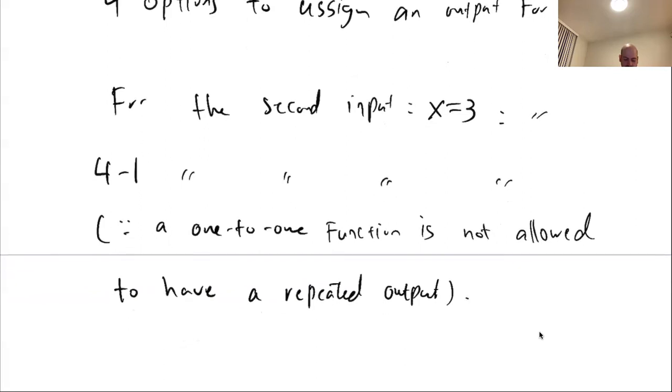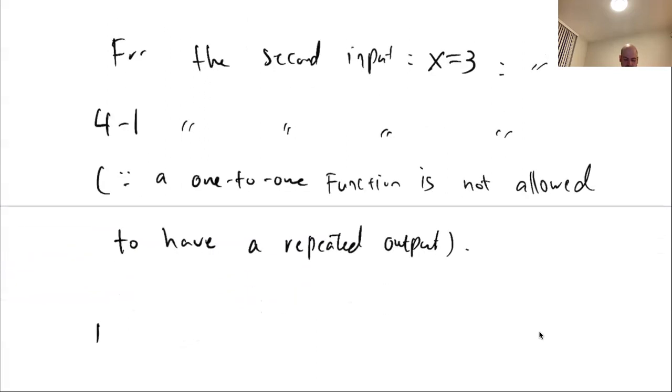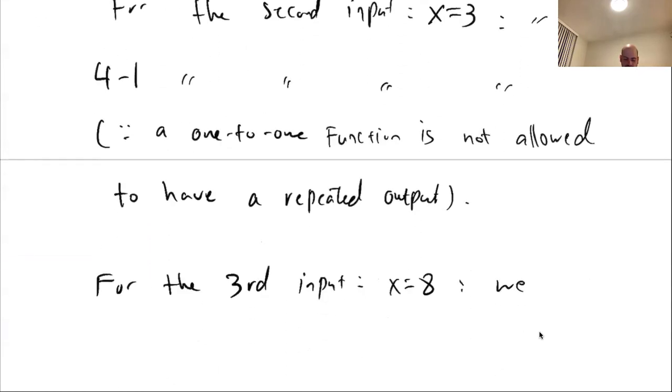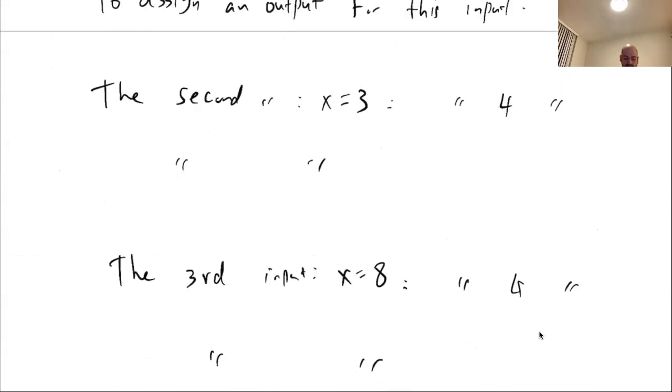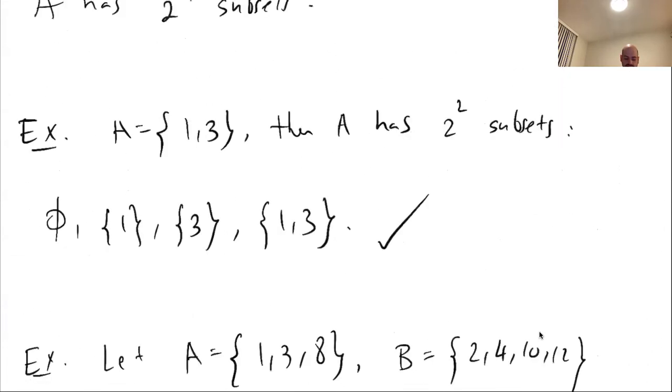And finally, for the third input, which is x equals 8, how many options do I have to assign as an output? See, one number has been already chosen for the first input.